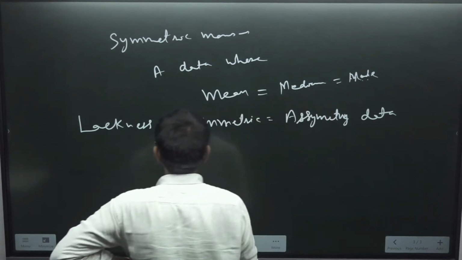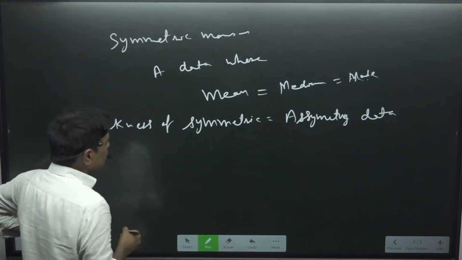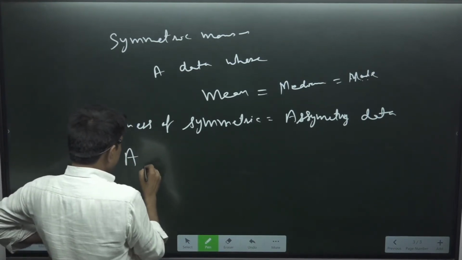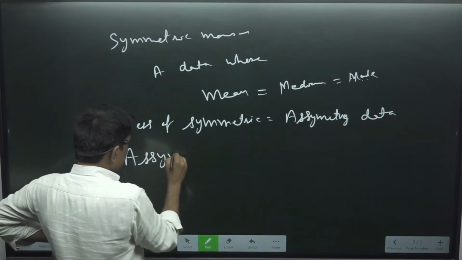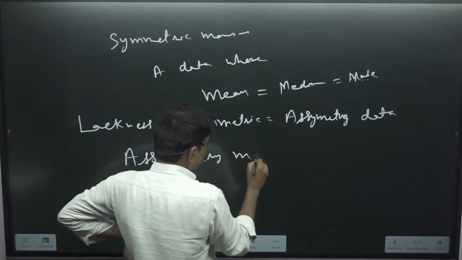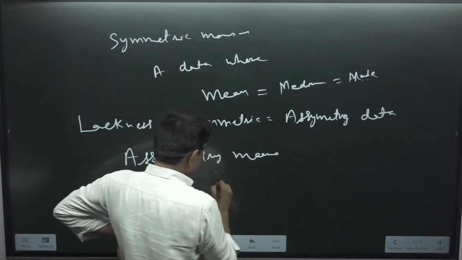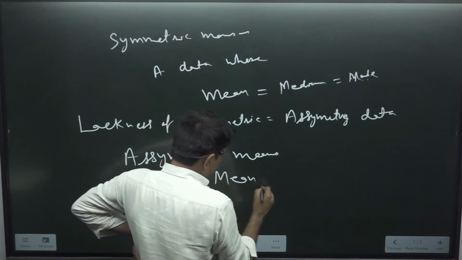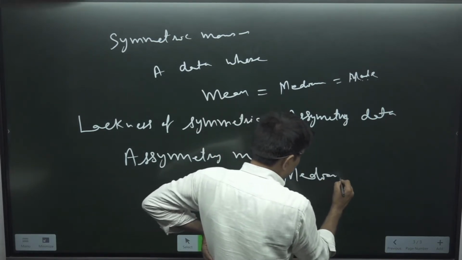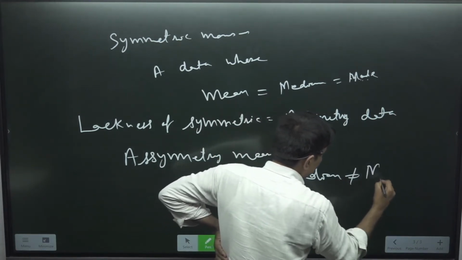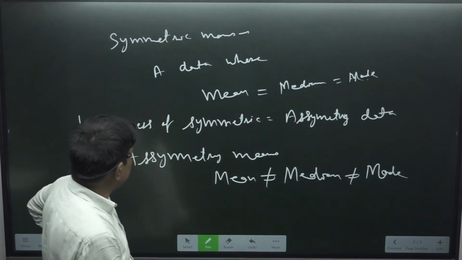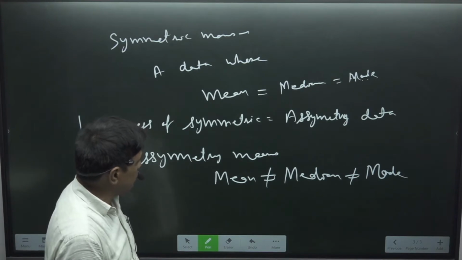So asymmetric means mean, median, mode are not equal. That is, mean is not equal to median, which is not equal to mode. So when mean, median, mode are not equal, the data is said to be asymmetric data.